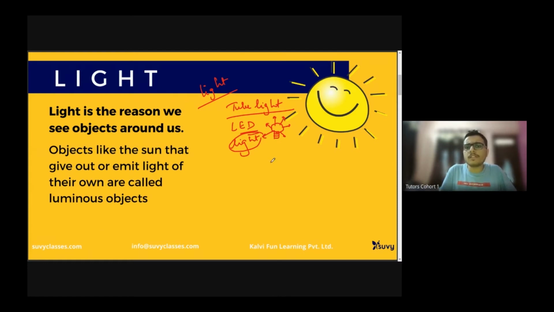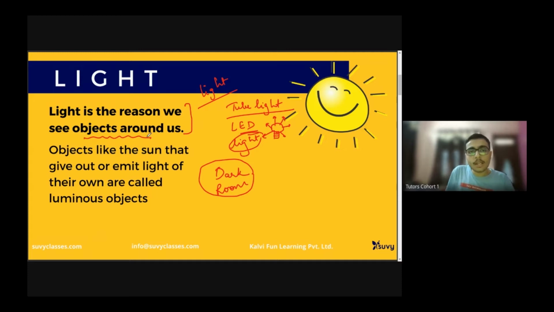It's very obvious. For example, if I enter into a dark room, I cannot see objects nearby. Why? The reason is that if there is no light in the room, I cannot see objects. You cannot see objects during the night in your room when the light is turned off, right? So light is something that helps us to see objects around us.